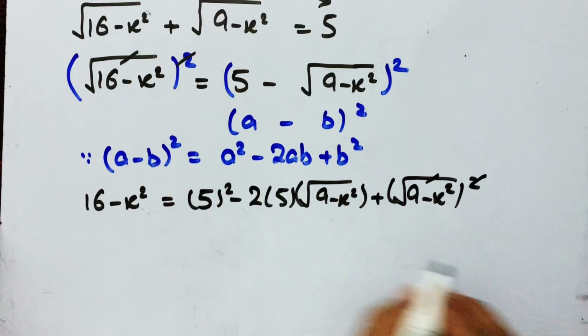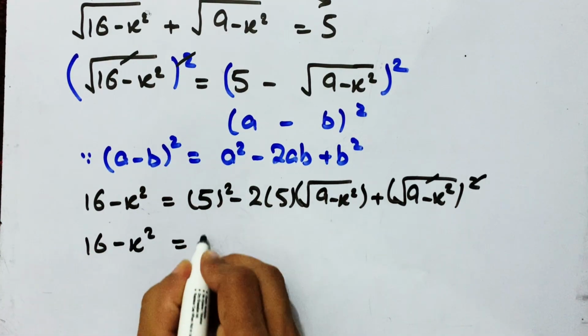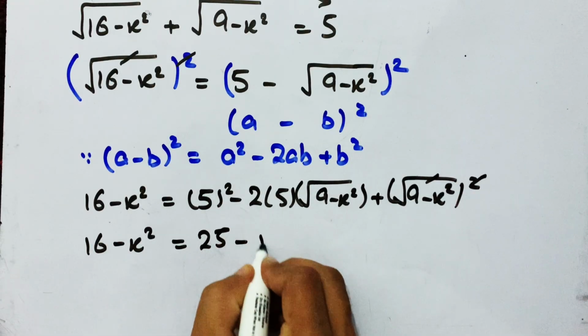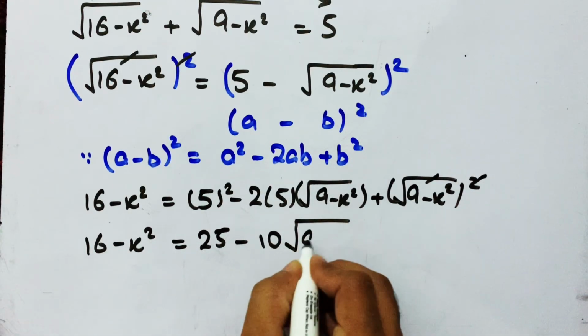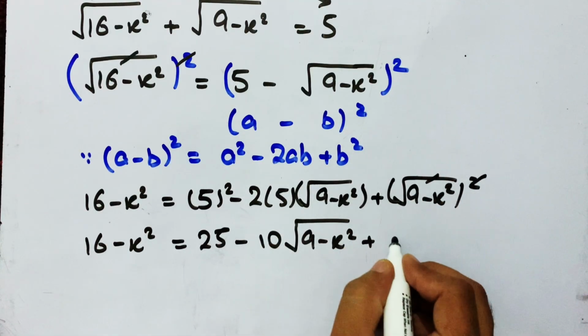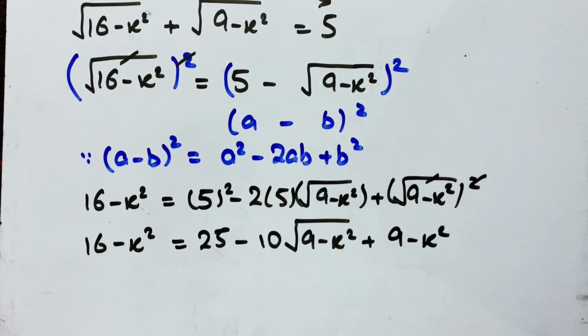So 16 minus x square is equal to 25 minus 10 times the square root of 9 minus x square, plus 9 minus x square.